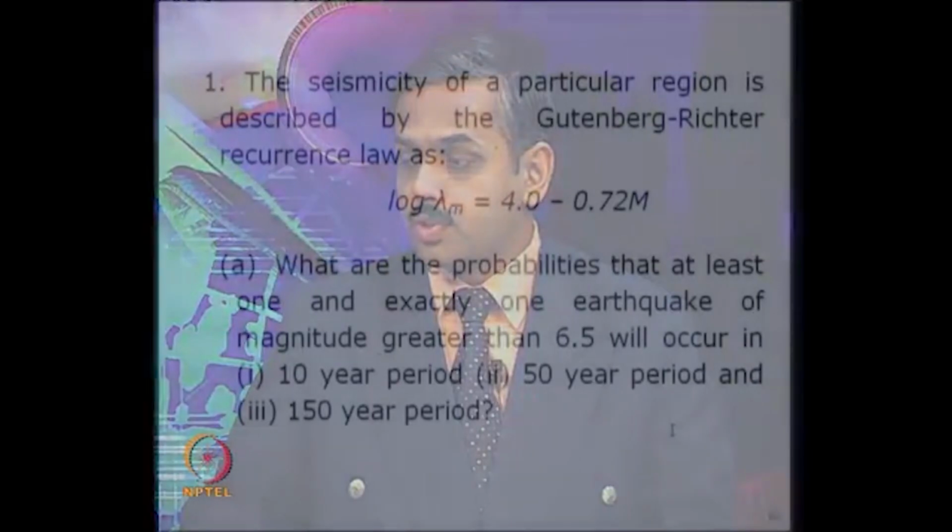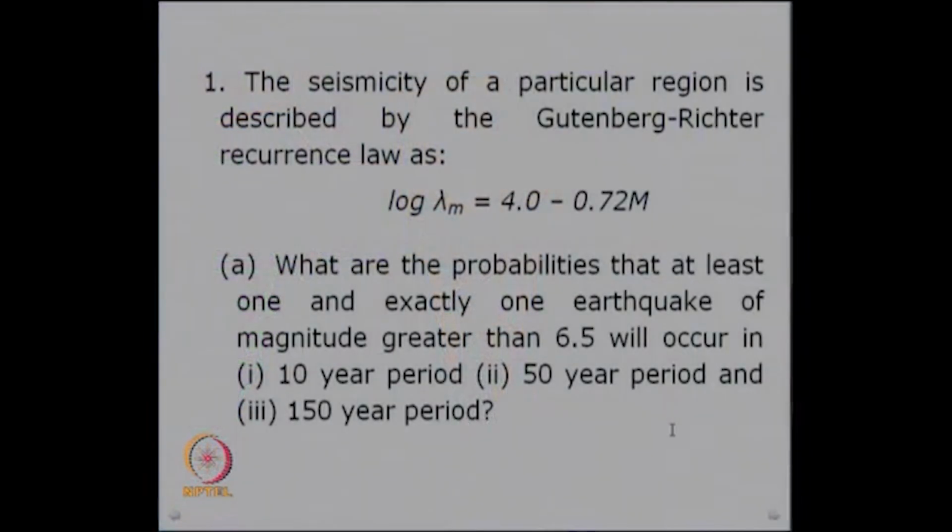So, now let us see the first question of this quiz. In the first question, it is asked the seismicity of a particular region is described by the Gutenberg-Richter recurrence law, which is given as this equation. Let us say log of lambda m equals 4 minus 0.72 m.